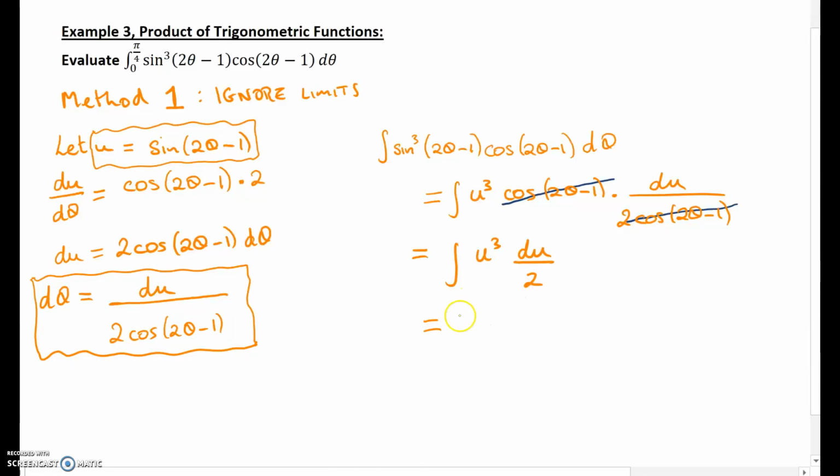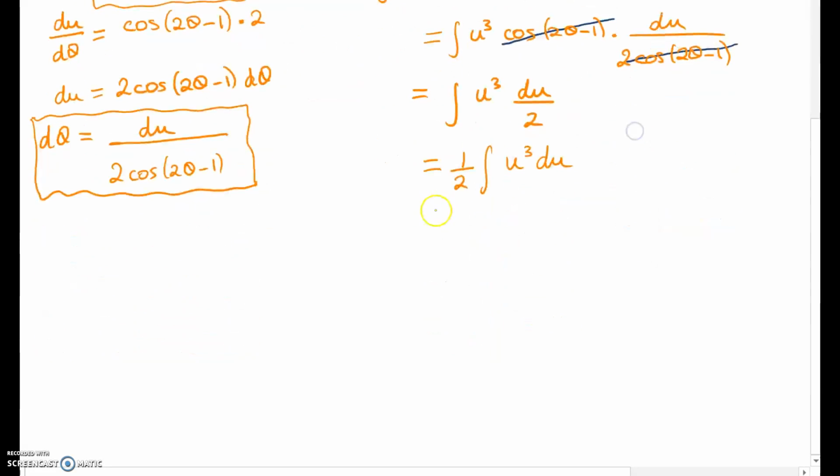Bring out the 1/2. So it's 1/2 times the integral of u cubed du, which is just using the power rule, increase the power by 1, divide by the new power. So it'll be u to the power of 4 over 8, or 1/8 of u to the power of 4. Now there would be a plus c, but we're going to ignore that because we're going to put the limits back in.